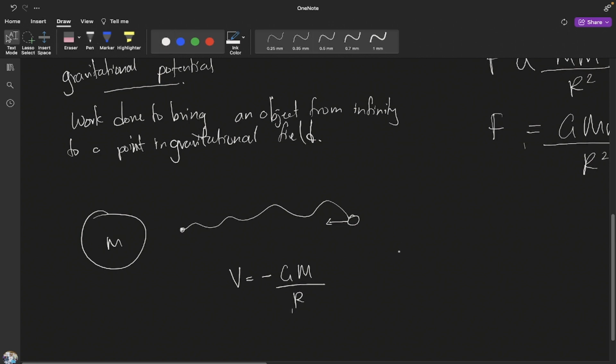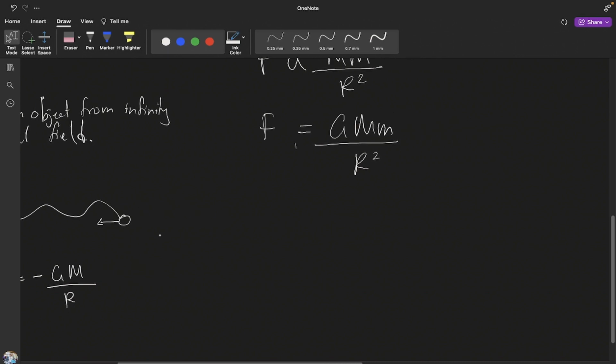We don't do the work, the field brings that object. When it comes to other fields like electric and magnetic fields, that will change, and you have to consider who does the work and what application it is given for. Then you will be able to do it.